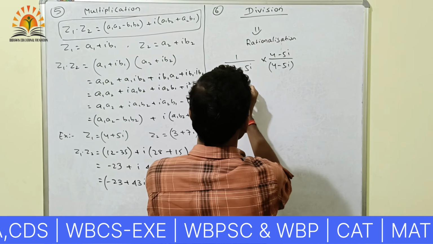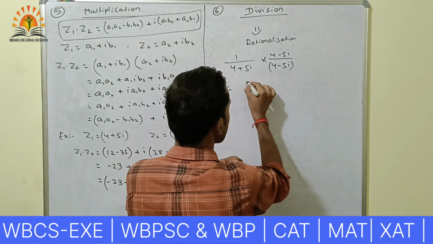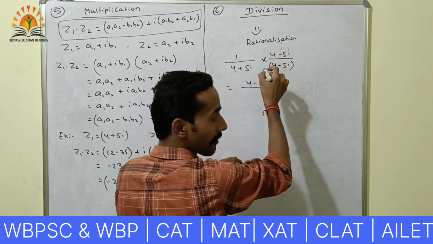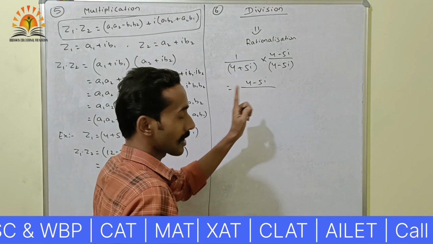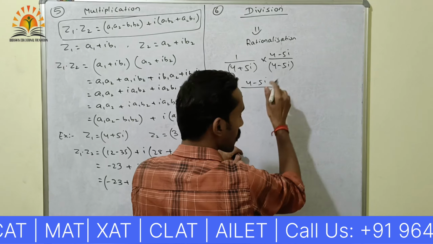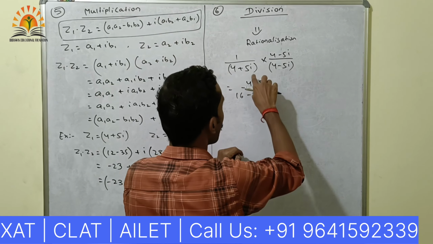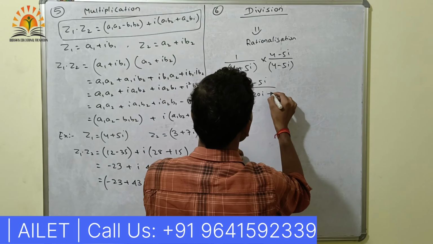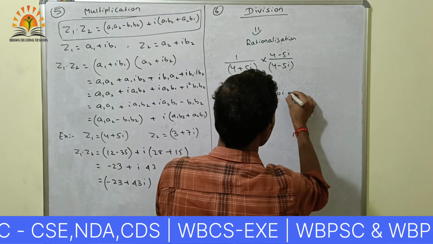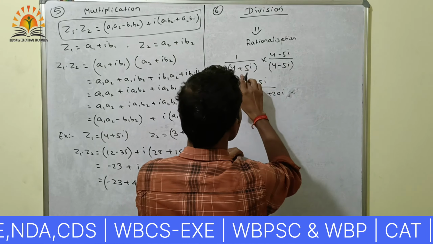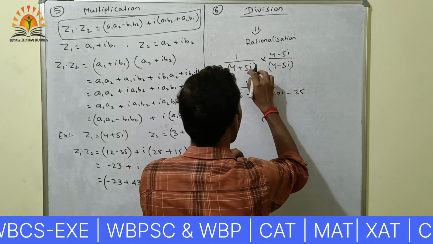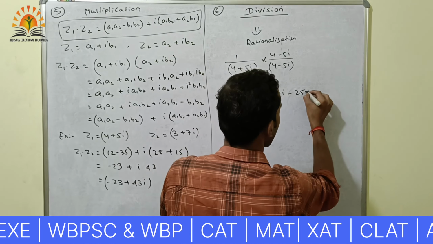First, see 4 minus 5 iota on both sides. Then it becomes 4 minus 5 iota, and now 4 plus 5 iota, 4 minus 5 iota. We have to multiply these two numbers. So 4 fours are 16. 4 multiply 5 iota, minus 20 iota. 5 multiply 5 iota, plus 20 iota, and plus 5 iota minus 5 iota, 5 fives are 25, minus 25 iota square.